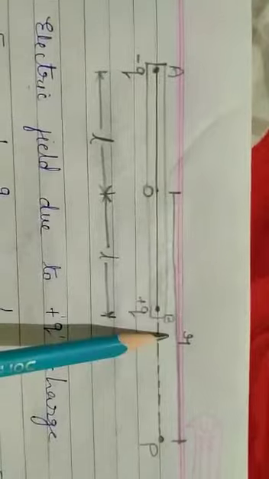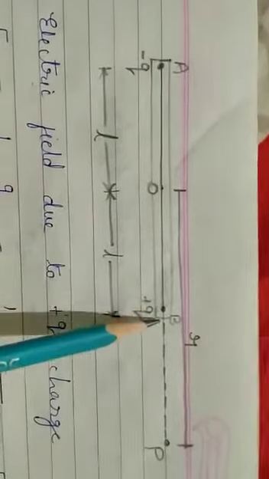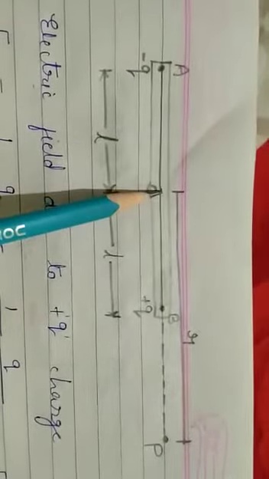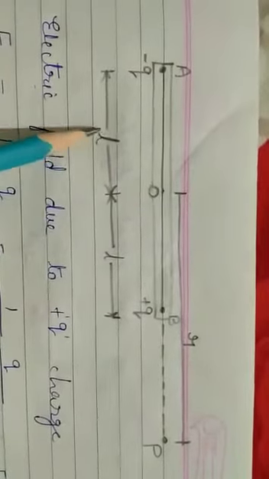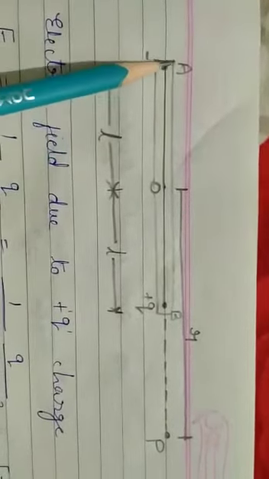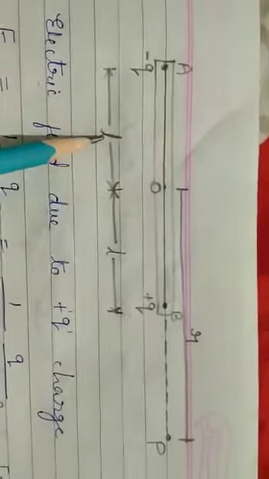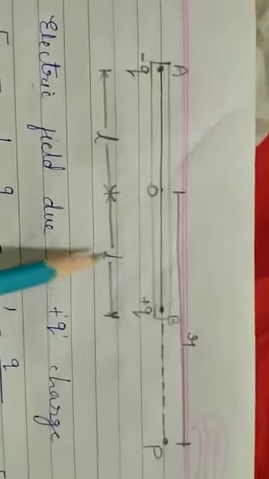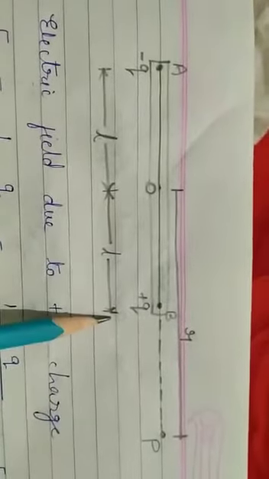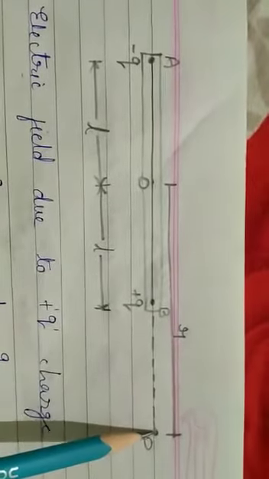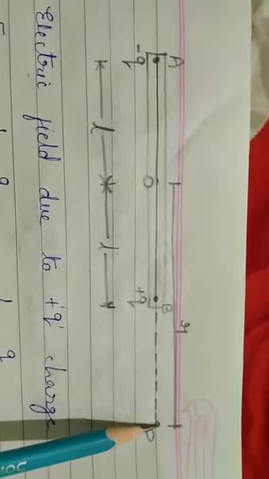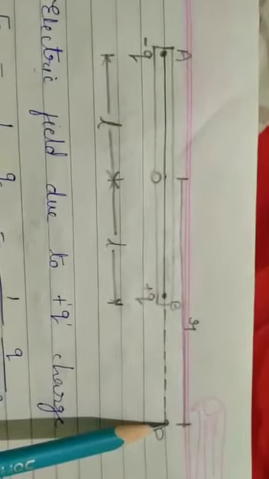AB is one dipole, here is the negative charge, here is the positive charge, and this is the center point O. From A to O the distance is L, from O to B the distance is L, so the total distance is 2L. Now this is the point P where we have to find the electric field strength.